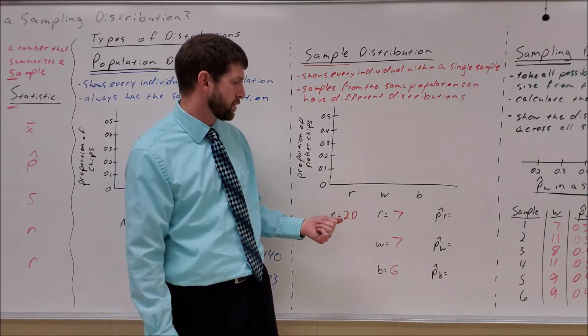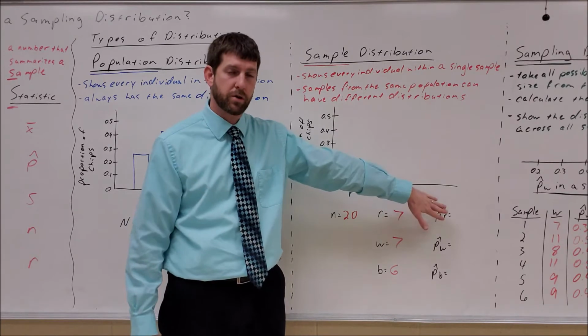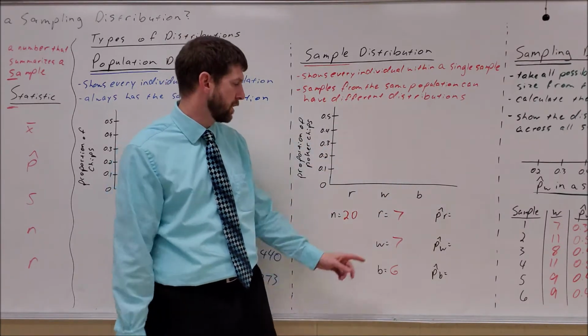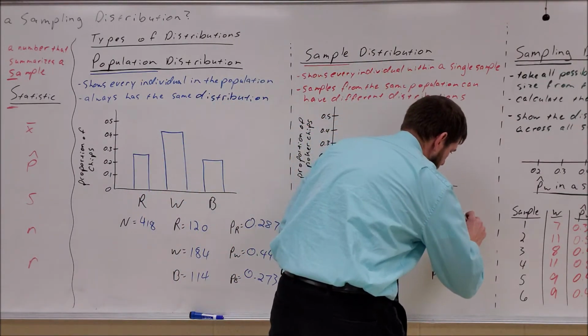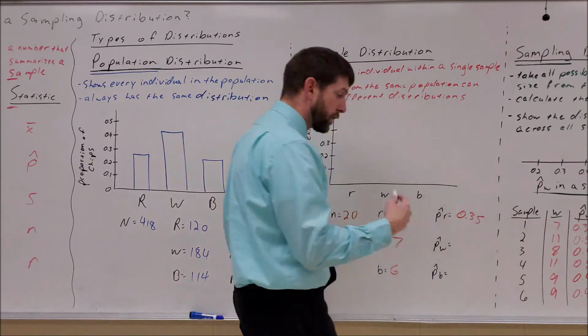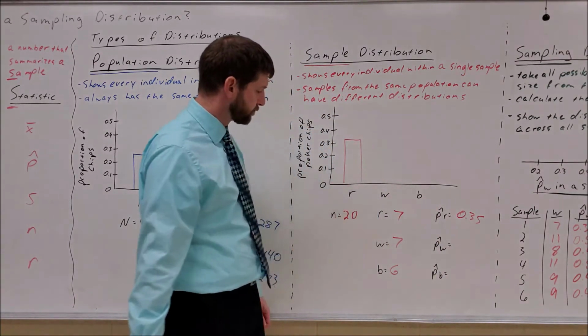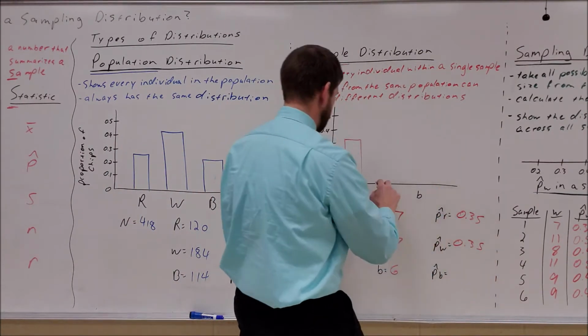All right, so if we were to calculate those proportions, notice that I've changed it from proportion of red to sample proportion of red. That's what that p hat represents. So my sample proportion of red is 0.35. So 35% of my sample were red. My white ones were also 0.35.